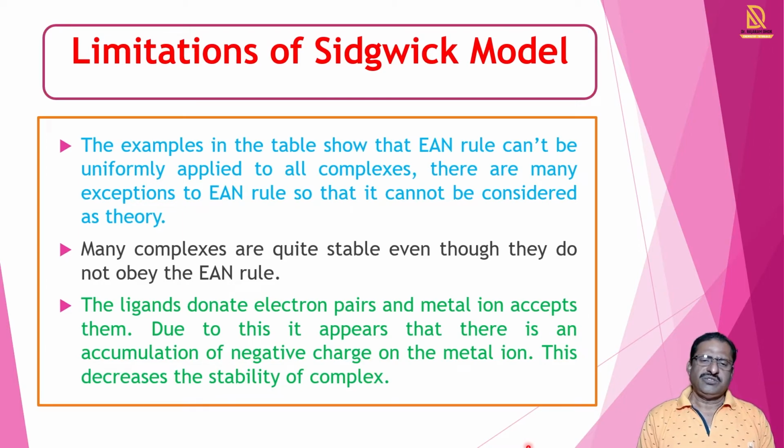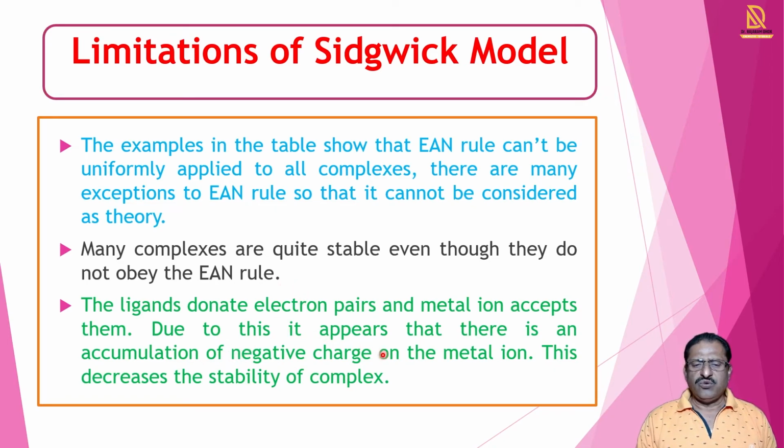We have already seen that limitation in those examples. From the many examples in table 2, we observe that the EAN rule cannot be uniformly applied to all complexes. There are many exceptions. They do not obey the EAN rule, but they are stable. And so this rule is not uniformly used.